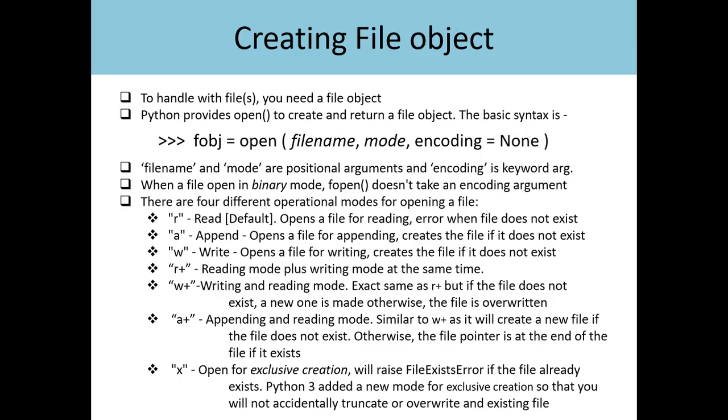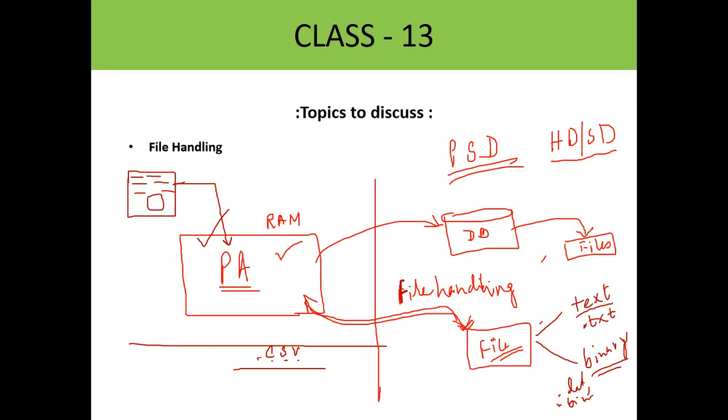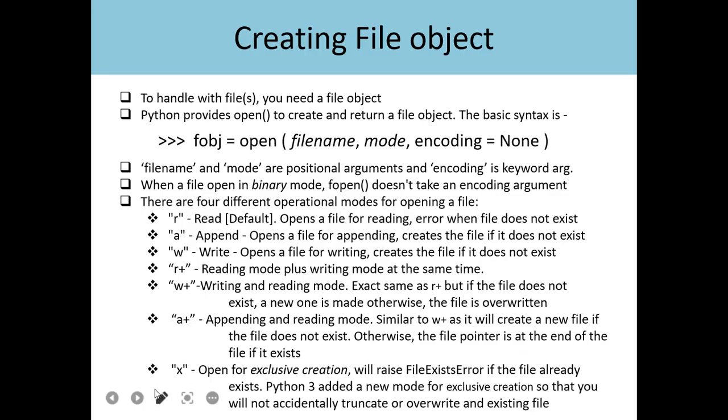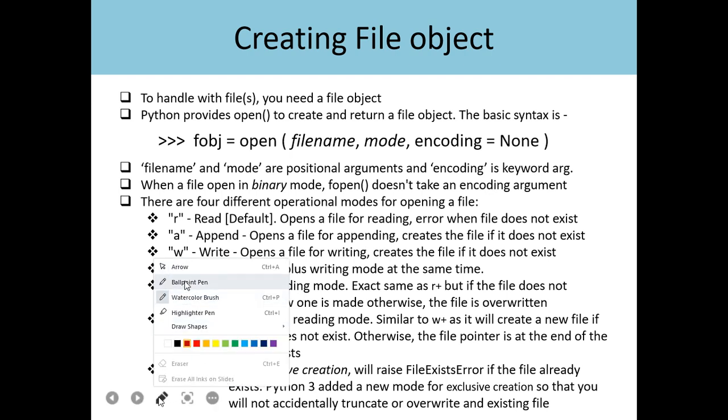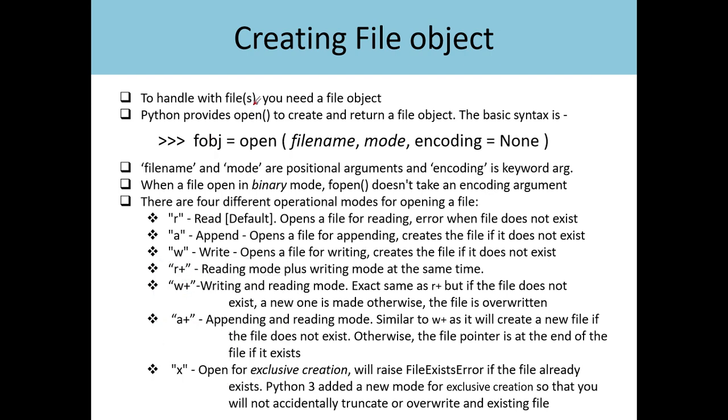Okay, so continuing the discussion from there. See here, this is the syntax: open, and you have to give these two parameters that you must set to open a file.